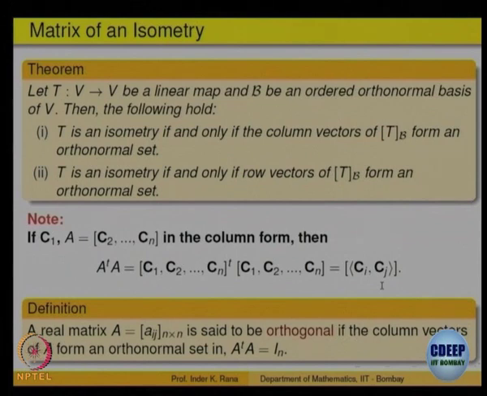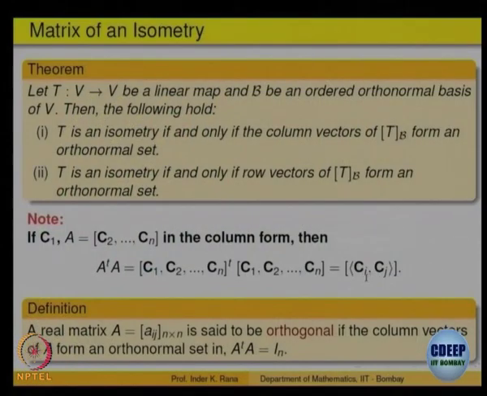Remember what the inner product was in terms of vector notation? The inner product of a and b was a transpose b, as if you multiply as vectors. So, here if you multiply, that is a dot product. And if these are orthogonal, what will happen? They will be either 0 or 1 depending on whether i is equal to j or not.